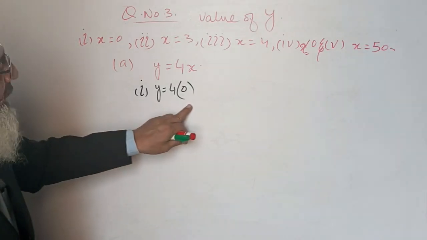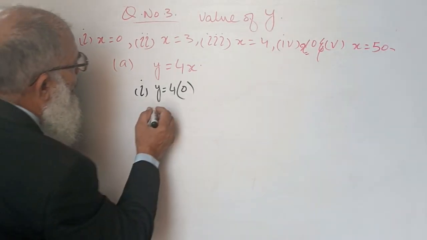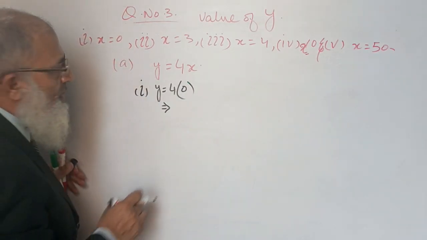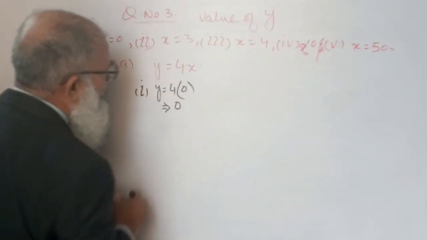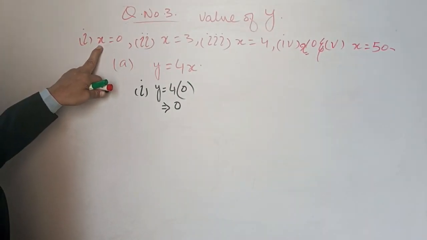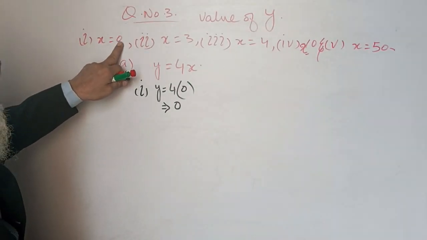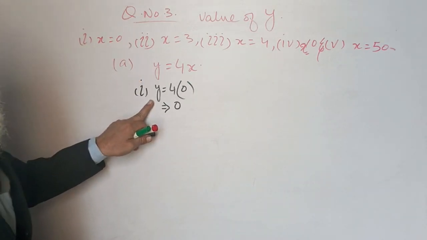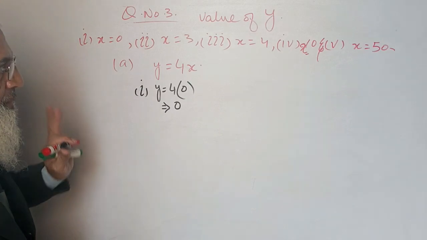Anything multiplied by 0 is 0. So the first value of x, which is 0, the corresponding value of y is also 0.